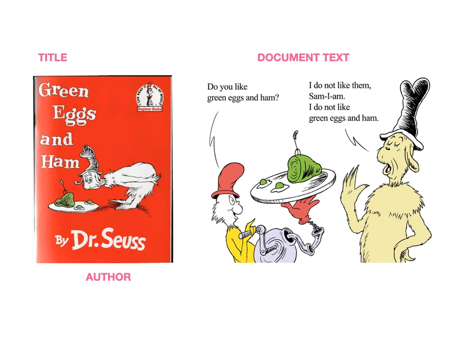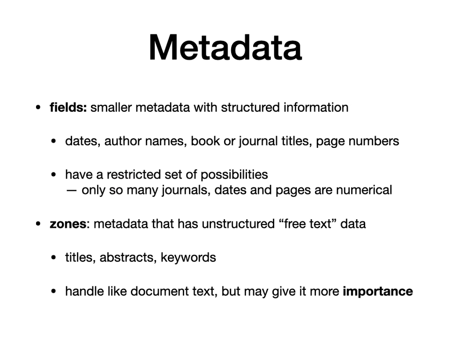So, two kinds of metadata we'll be talking about here. Fields and zones. Ultimately, we don't need to really distinguish them heavily, but fields are closer to the very structured data that we would know from database stuff, right? So these are smaller.